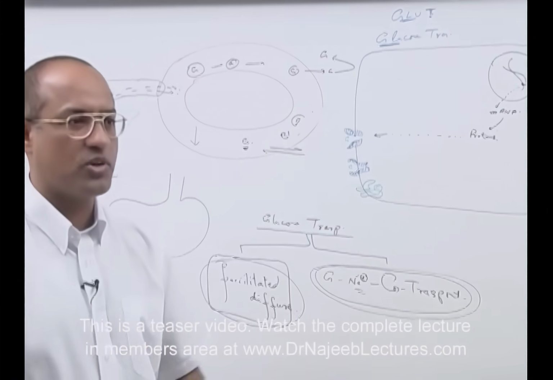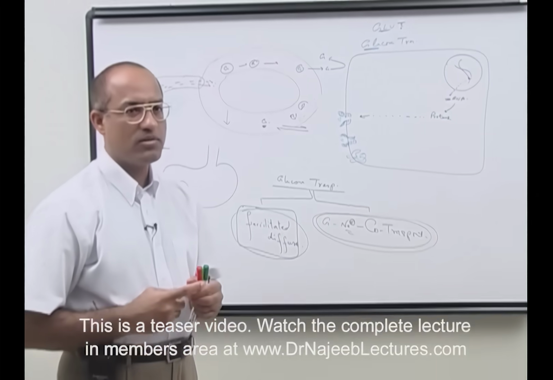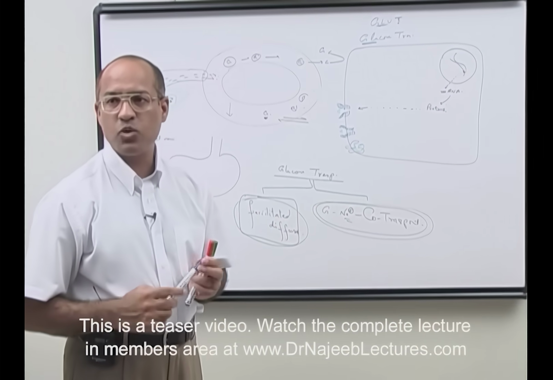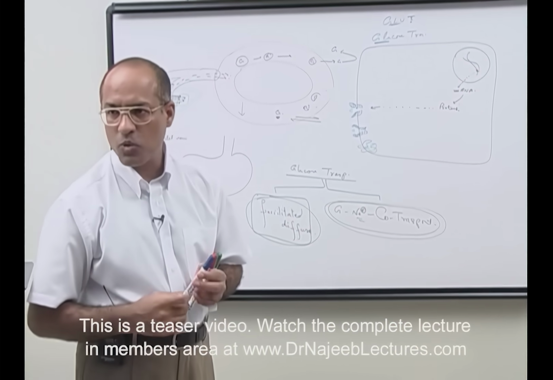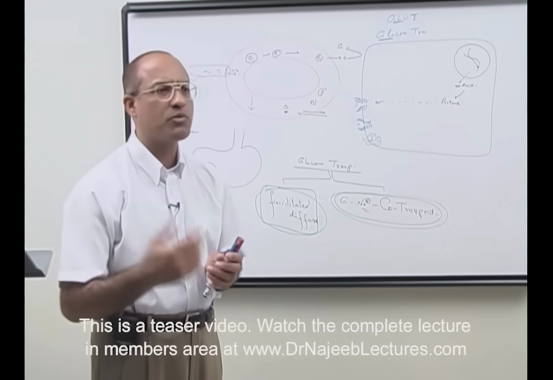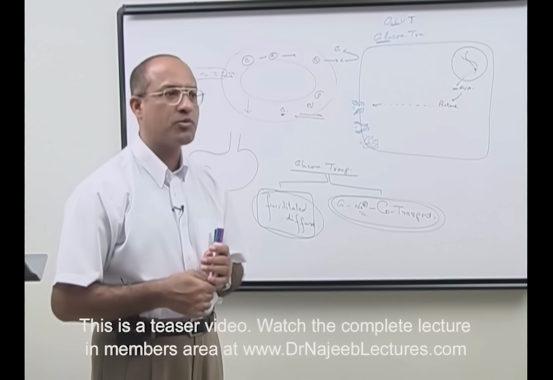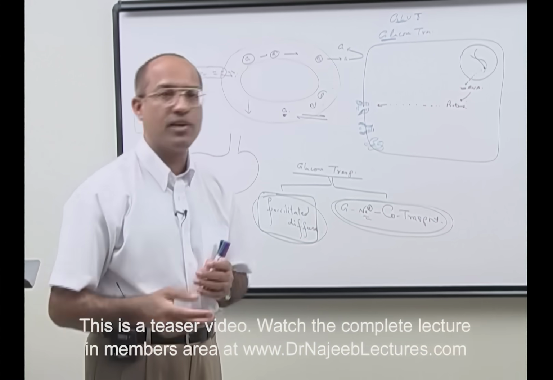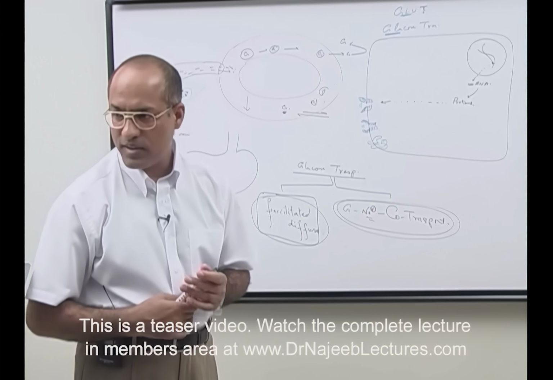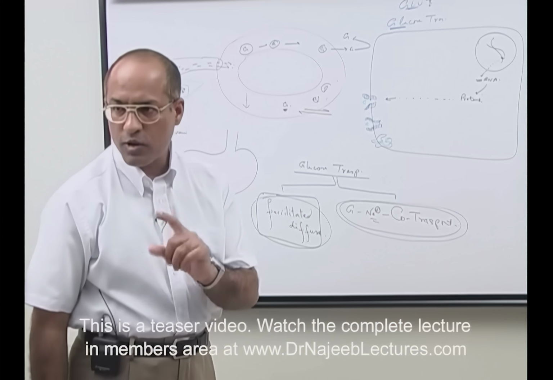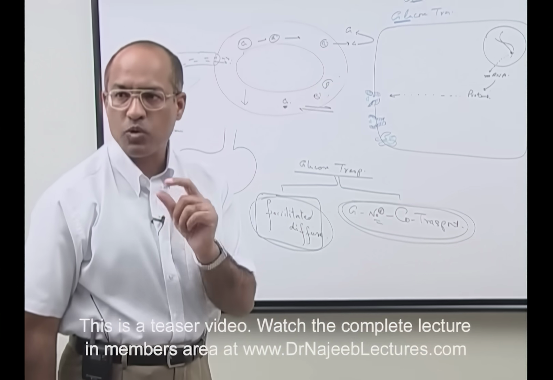Up to now, they have discovered about 14 different types of glucose transporters. There are many types of glucose transporters which are expressed in different tissues for different functions. But first of all, you must know the glucose transporters are proteins.